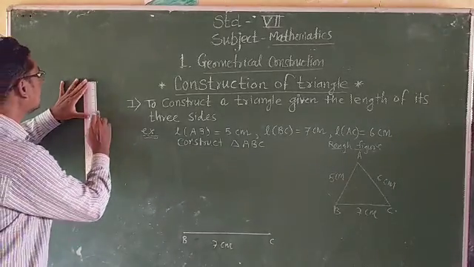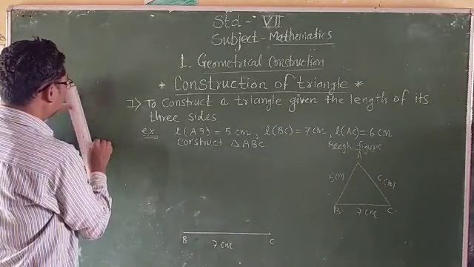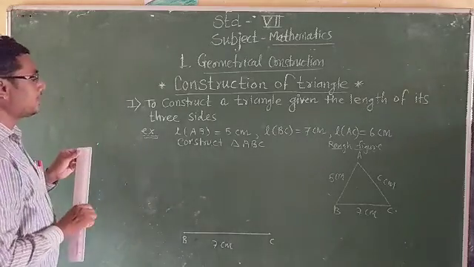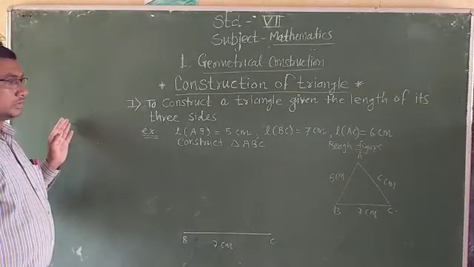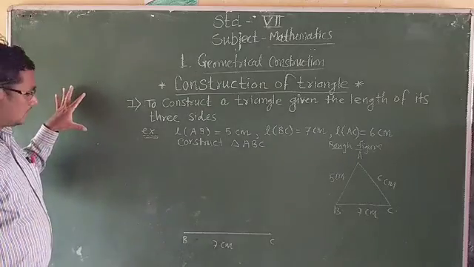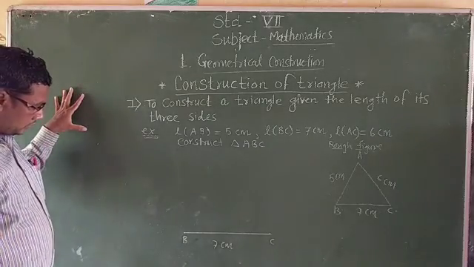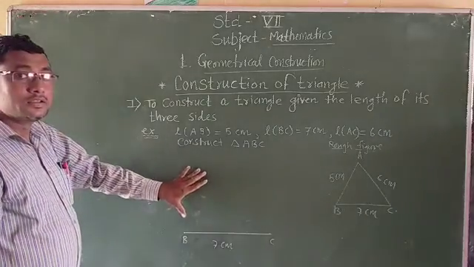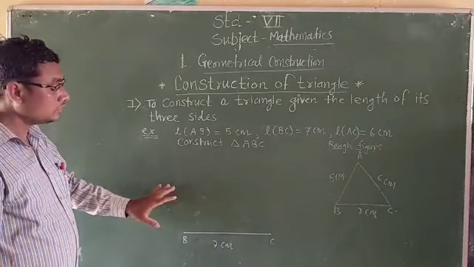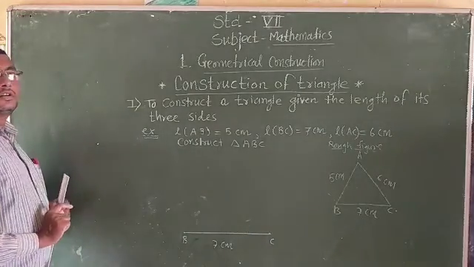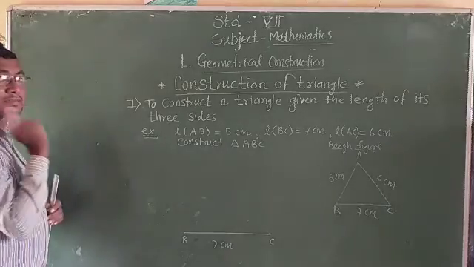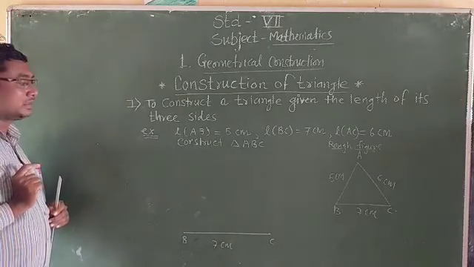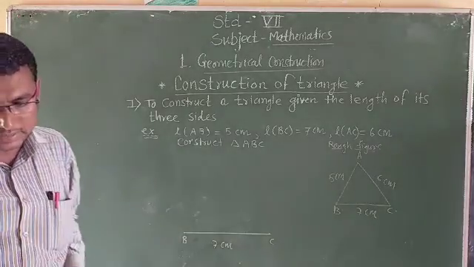Suppose I am not taking exact measurement, because if I take the exact measurement here my figure looks small, but you have to take the exact measurement of 5 centimeter.